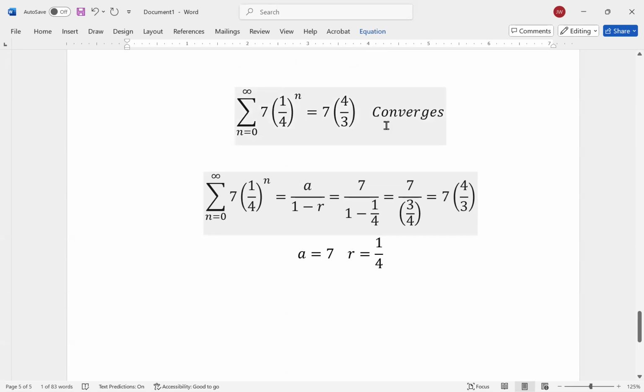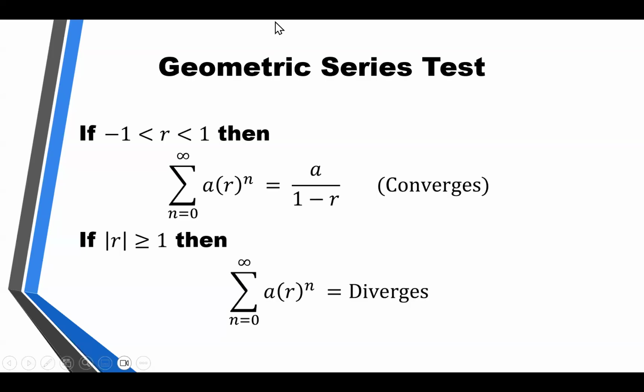So this shortcut rule with geometric series really helps us out. It allows us to do convergence and divergence of a geometric series very quickly. And there it is. That's the geometric series test.